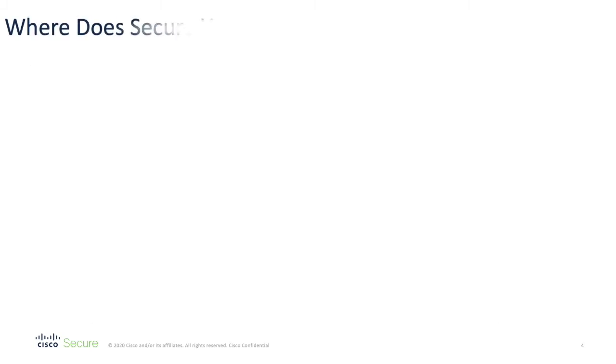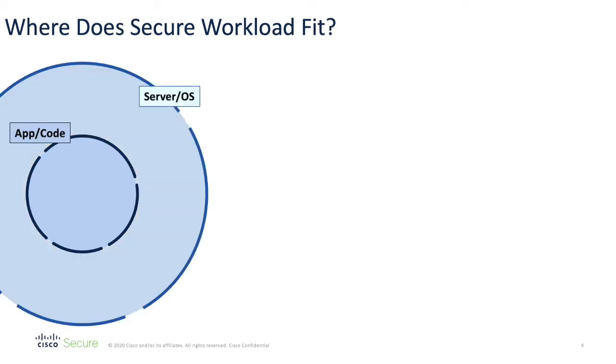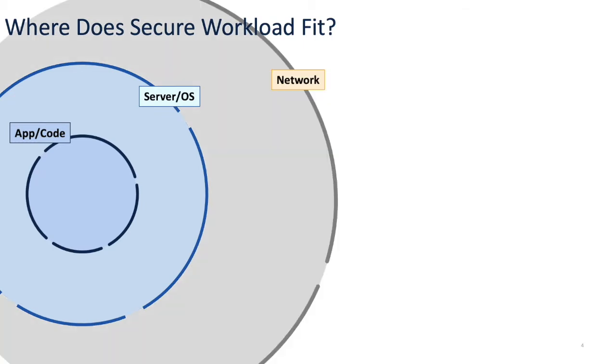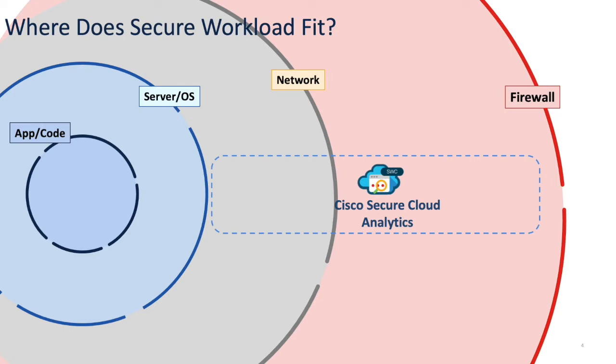So you may ask, where does Cisco Secure Workload fit in regards to other Cisco software security products? Well, when you look at the workload, you have different parts: the app, the code, the server, the operating system, the network that connects the server, and the firewall that protects those servers.